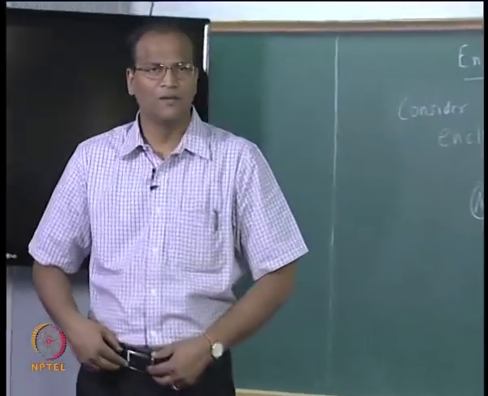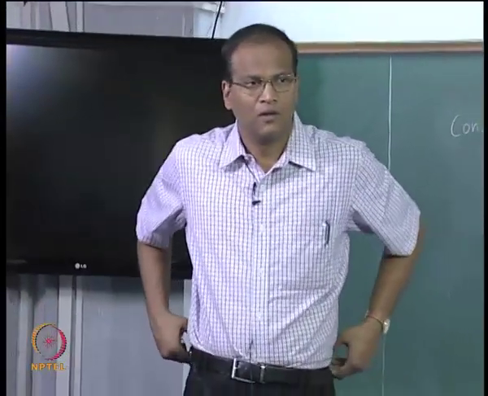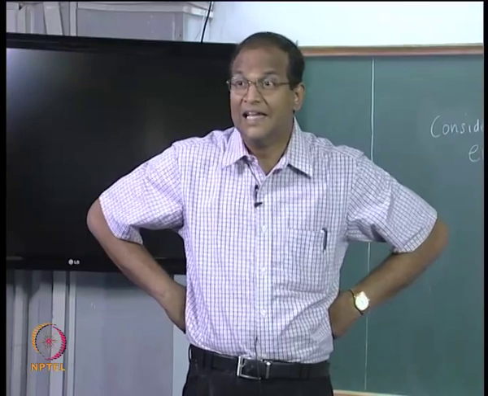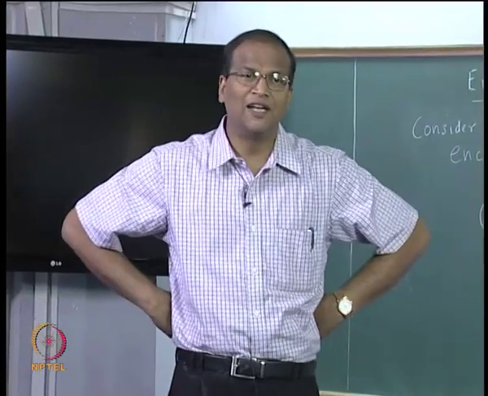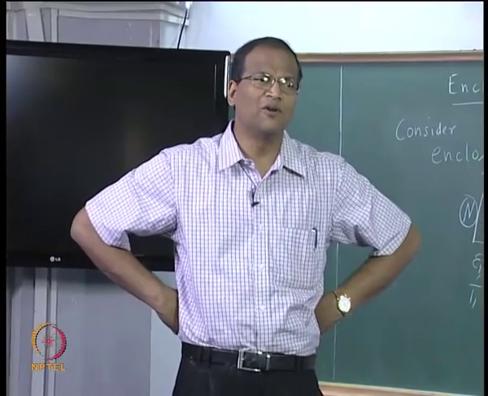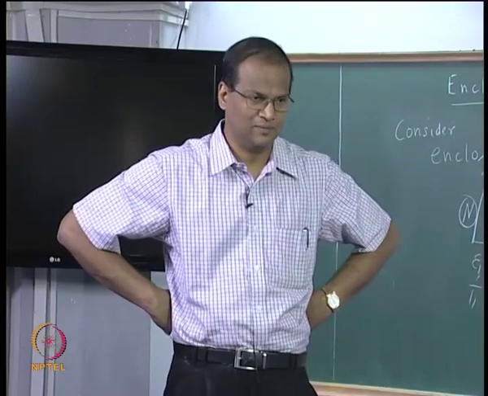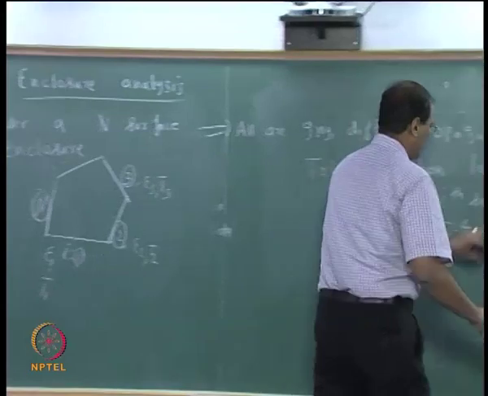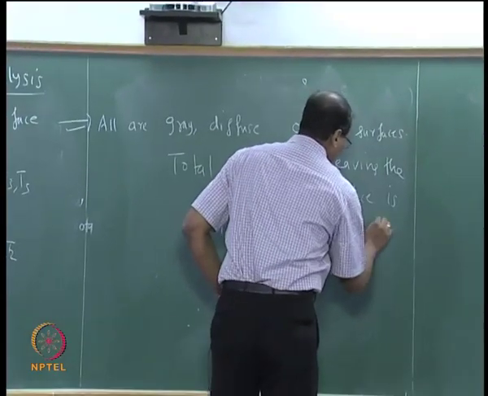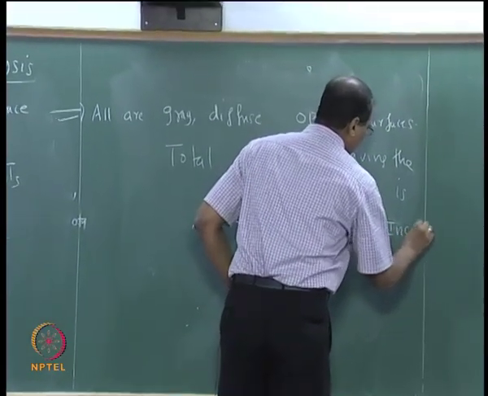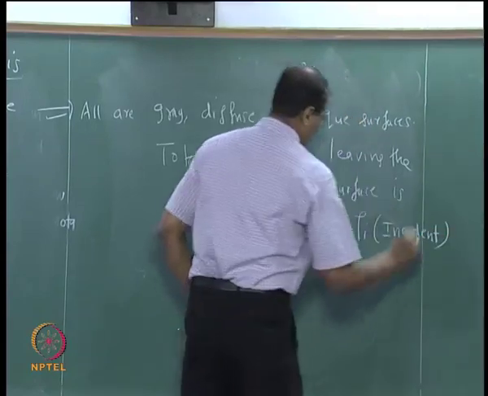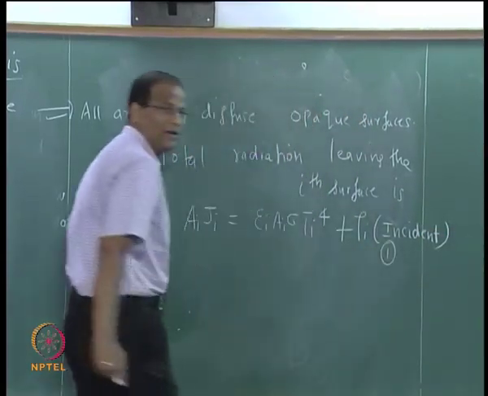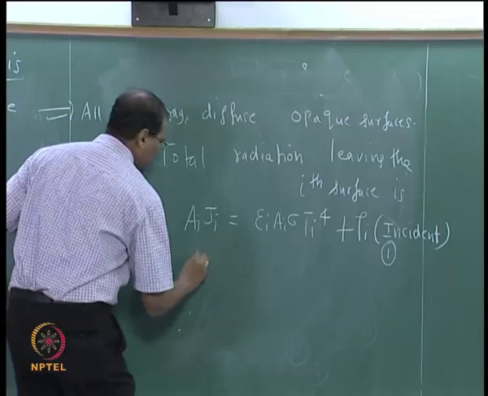Not incident, it is the reflected part. The reflected part will be rho times whatever is incident. So we can say that this is correct. We can work on this further.